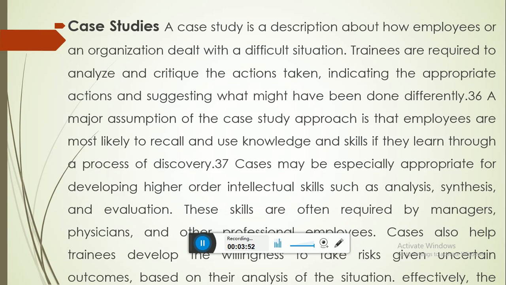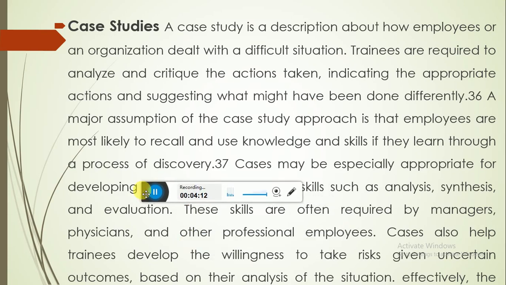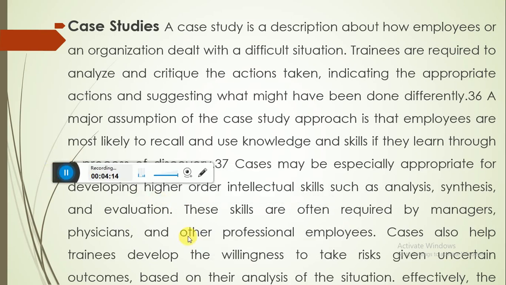Cases may be especially appropriate for developing higher order intellectual skills such as analysis. There might be different cases available, for evaluation, for analysis, for finding facts and figures, in everything. So a case study can be used in different formats.